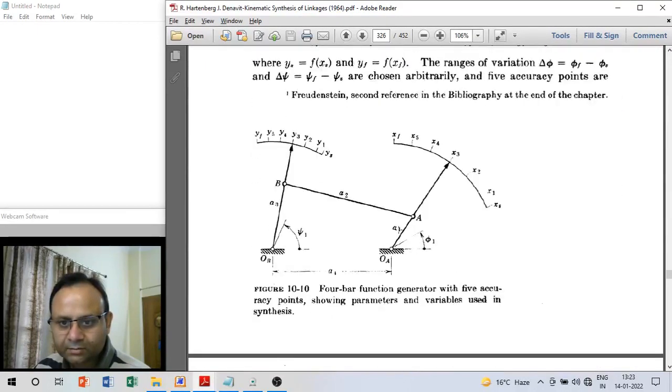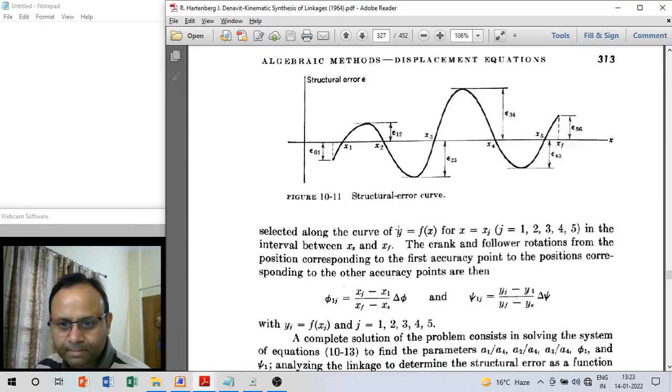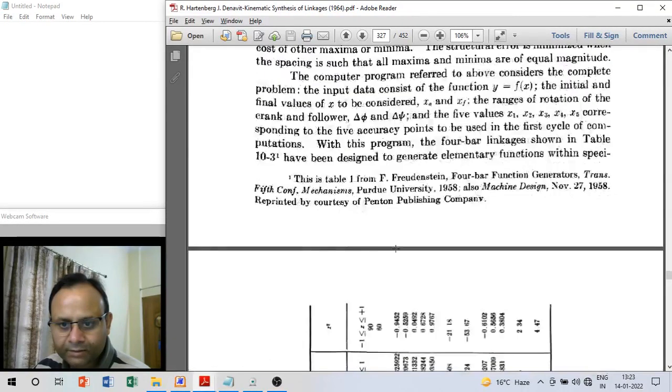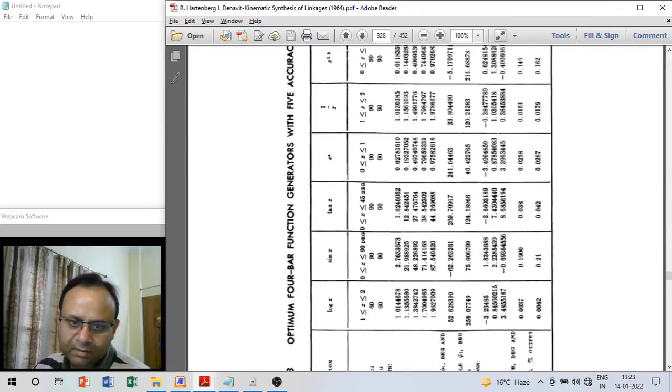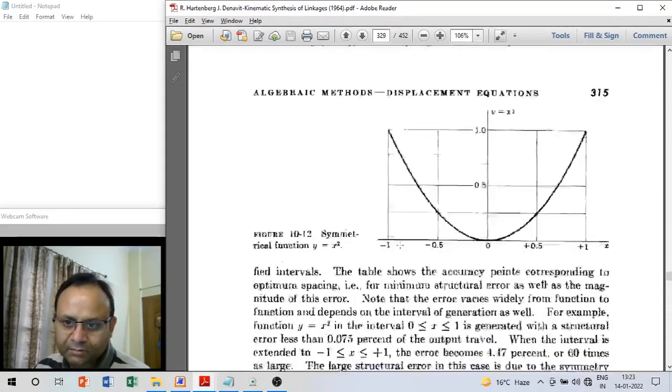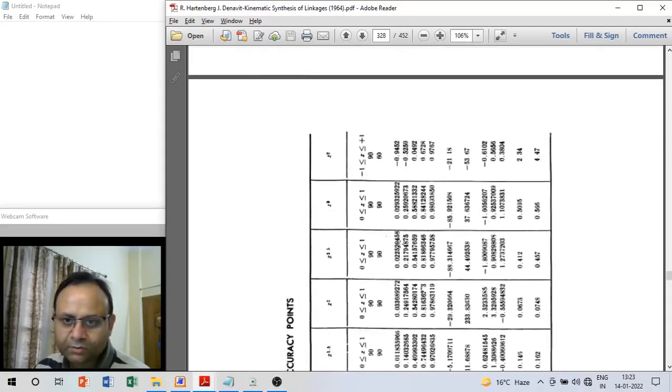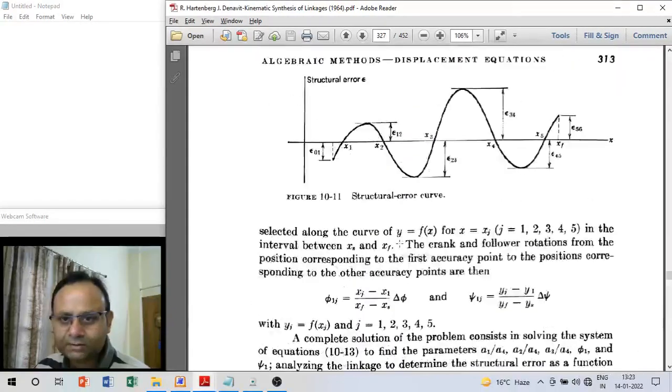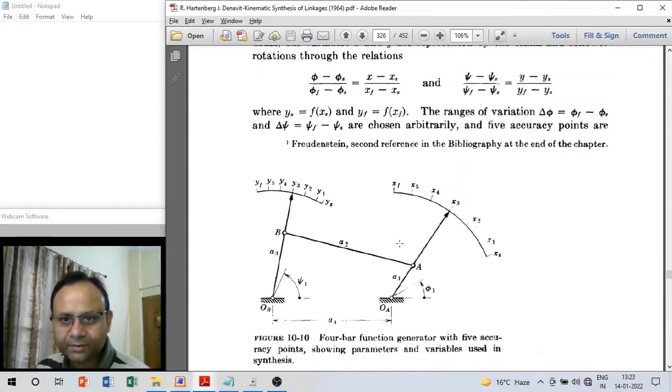They actually have an example, but these equations can only be solved using a computer because they are non-linear. Okay, so we'll stop here.